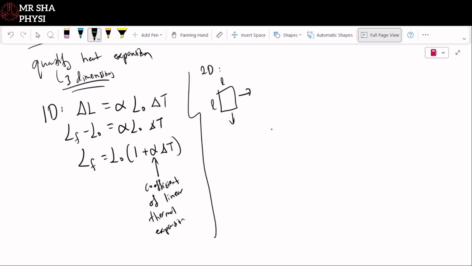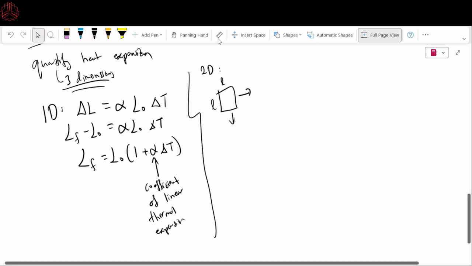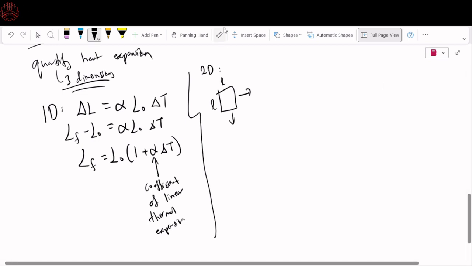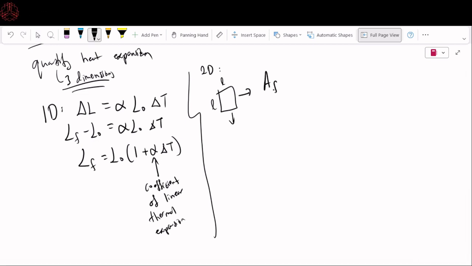So what you want to do instead is to find the final area, which is just going to be the length final squared. I can take it from the one-dimensional case, which gives me the length original squared times 1 plus alpha delta T, all squared.